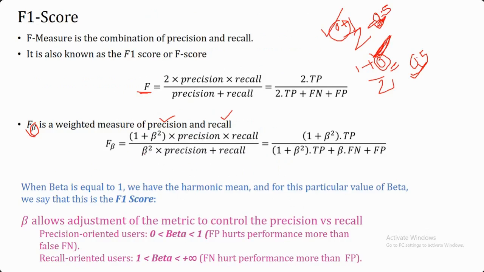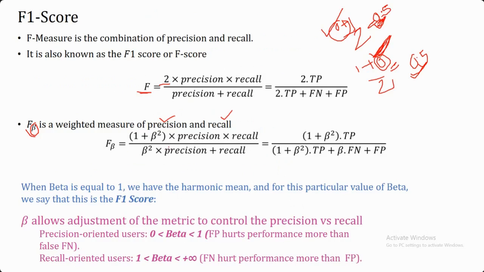And if the value is between 1 and plus infinity, meaning a very large value, it is going to give more importance to recall. If we consider this equal to 1, it is going to behave the same way: 1 plus 1 is 2, and this is 1 into precision, it's going to be precision only. So this way we can also play with precision and recall.